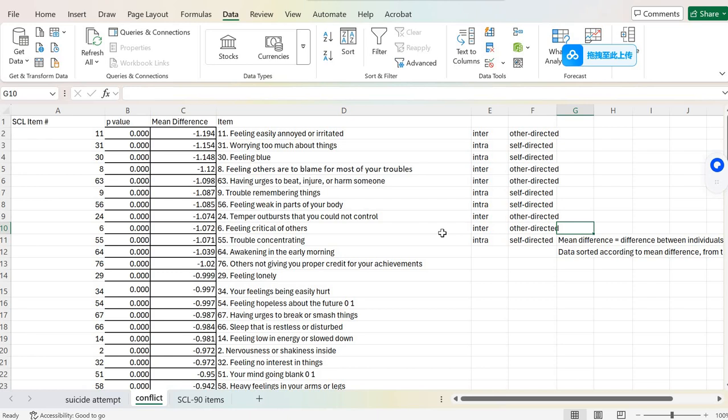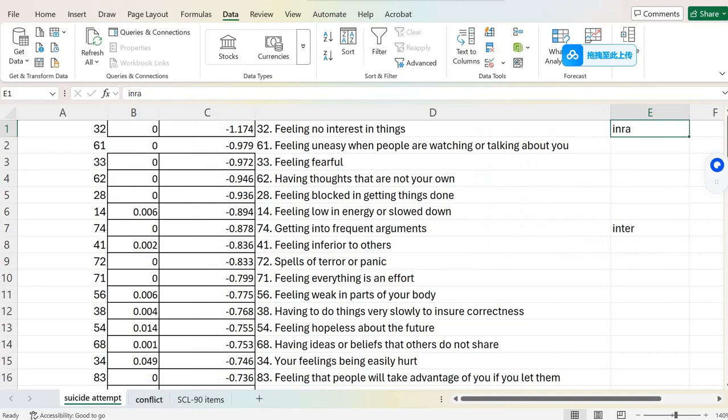But they also have some self-directed distress, like worry too much, feel blue, trouble concentrating. It's a combination. That's 2 different profiles.